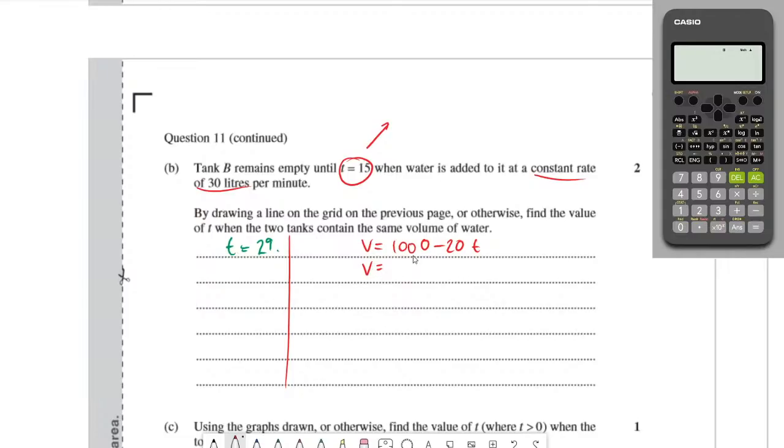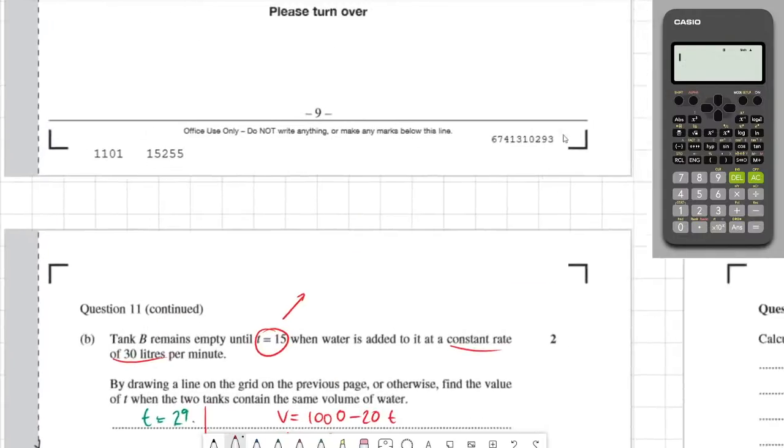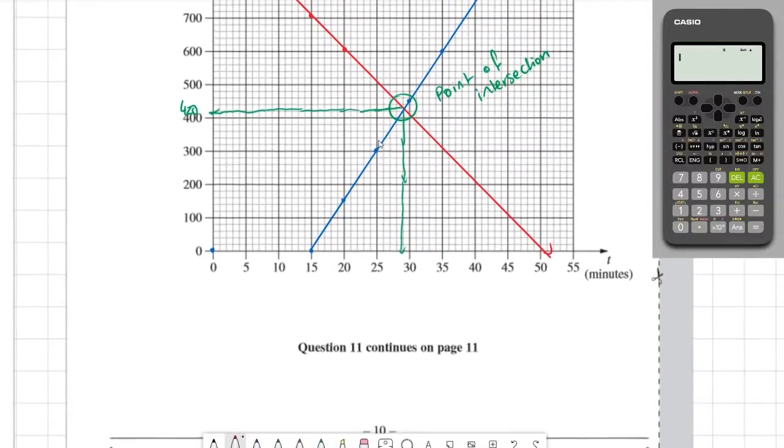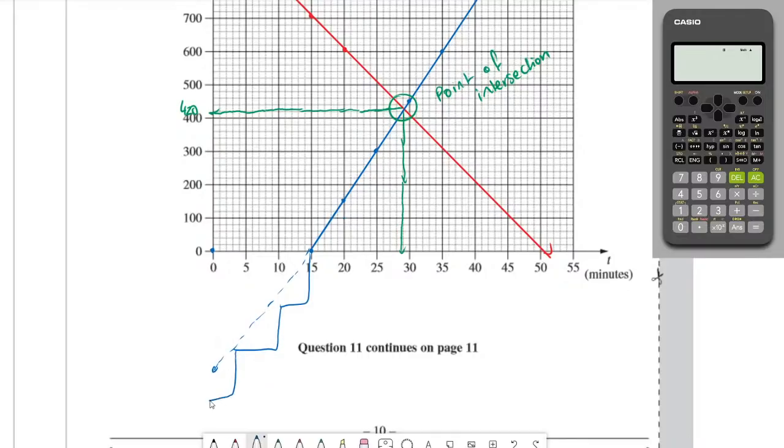We know it's growing at 30 liters per minute, but it doesn't start at 0, because it's after 15 minutes that it occurs. If we were to extend this down here, 150, 150, 150, we would actually end up at minus 450.